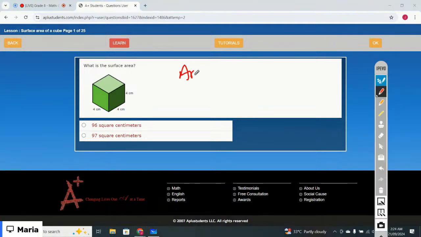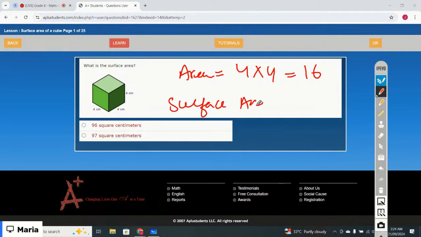So that is area equals 4 times 4, that is 16. So the cube has 6 faces, right? Then the surface area is 16 times 6. So 16 times 6 is 96 square centimeters.